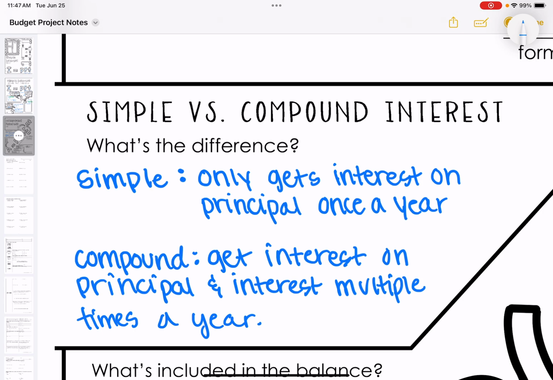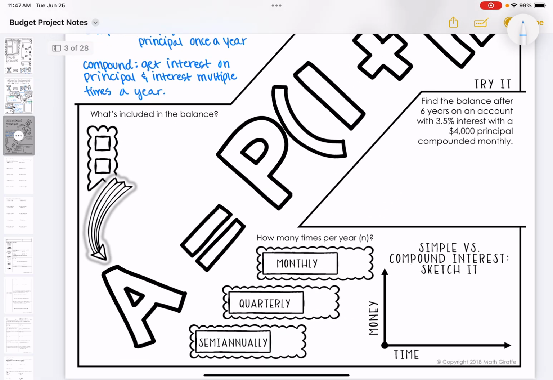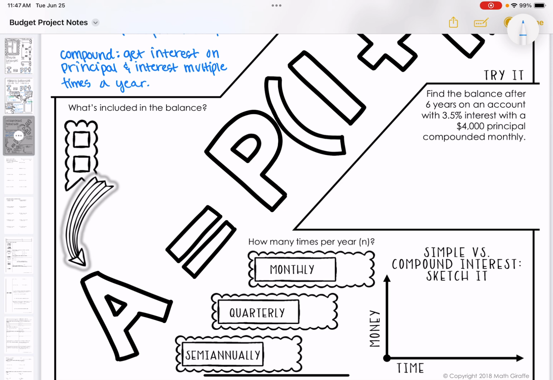All right, now let's look at the formula. All right, so A is our balance, and that includes principal and interest. All right, P still stands for principal.